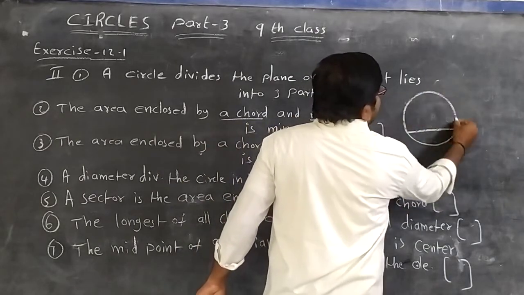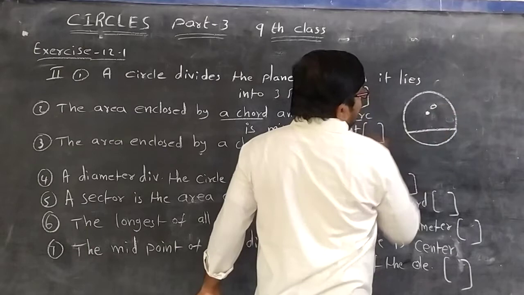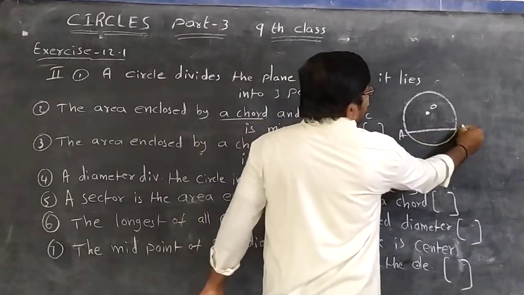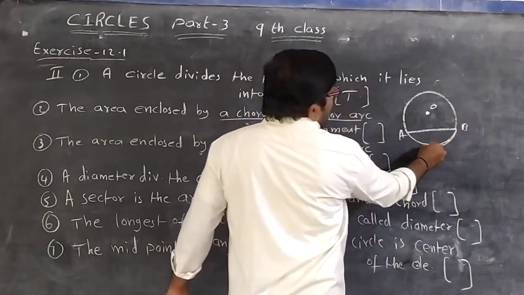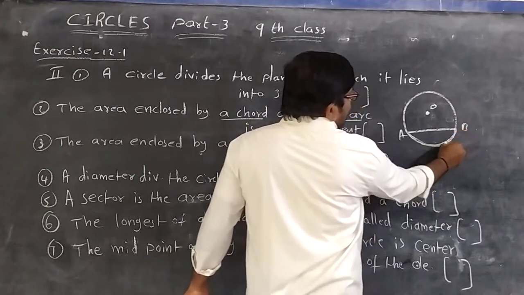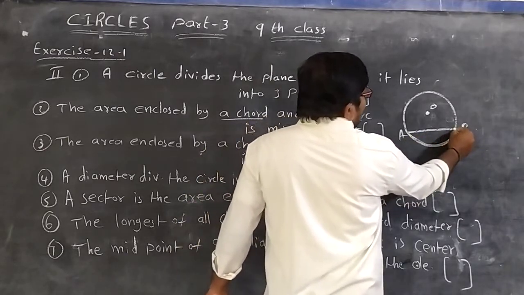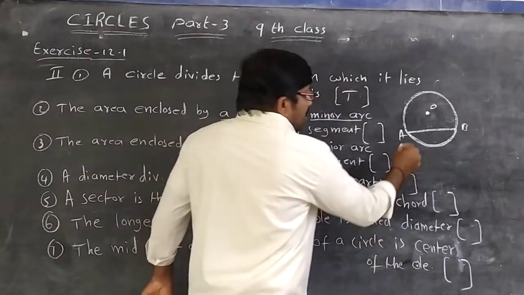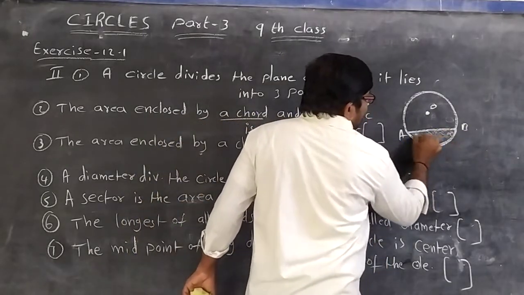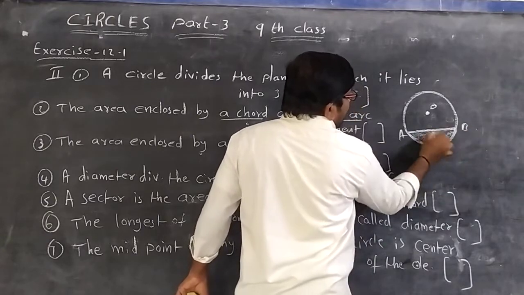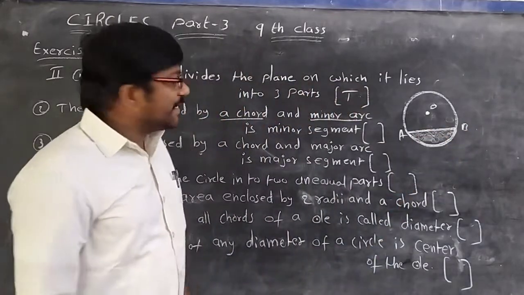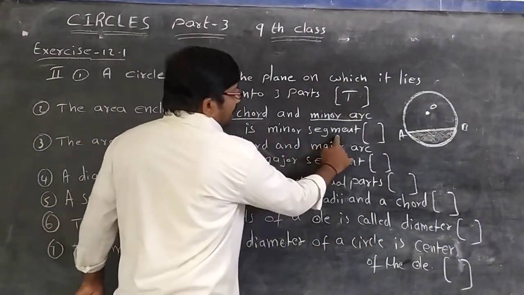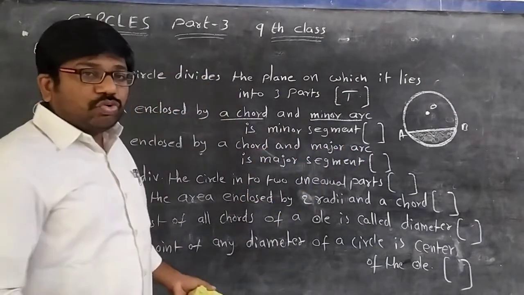Here AB is the chord and this is the minor arc. The length of this arc is less than the remaining arc, so it is called the minor arc. So this region enclosed by the minor arc and chord is called the minor segment. Yes, the statement is true.